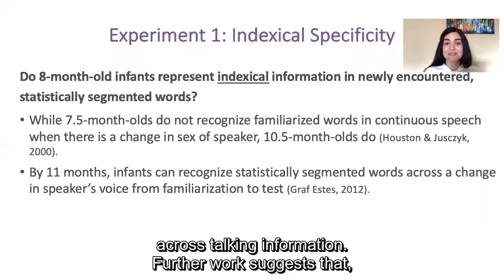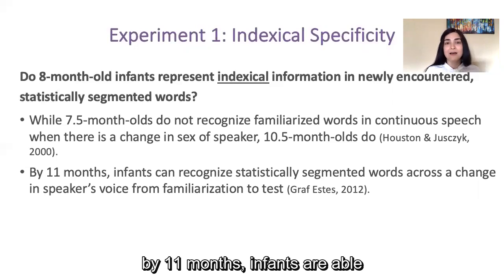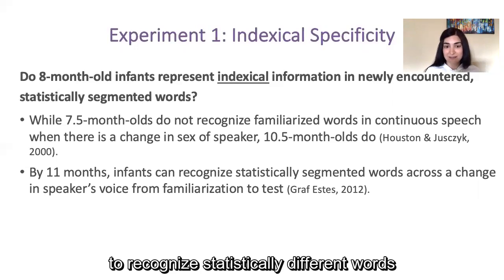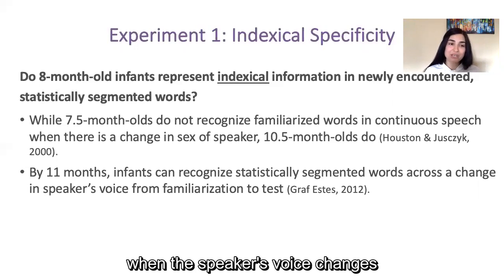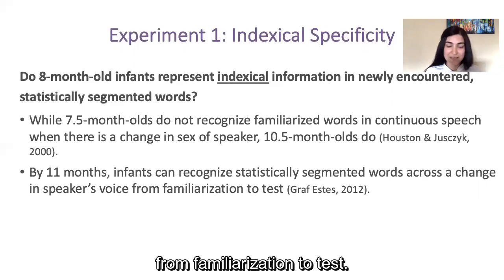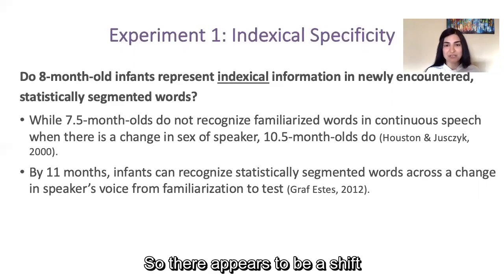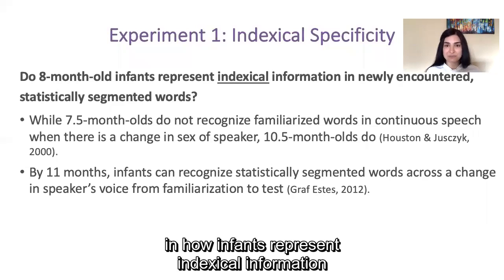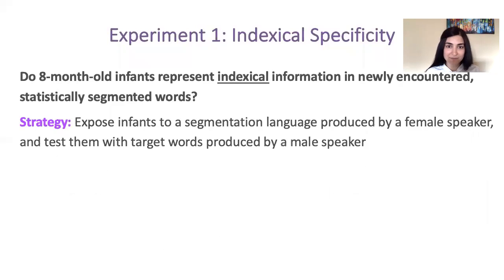Further work suggests that by 11 months, infants are able to recognize statistically defined words when the speaker's voice changed from familiarization to test. So there appears to be a shift in how infants represent indexical information between 7 and 11 months.